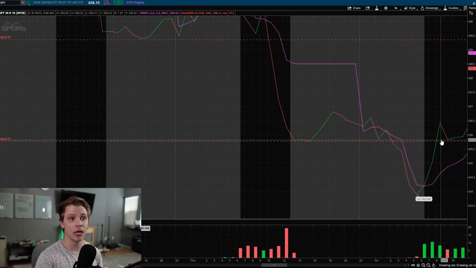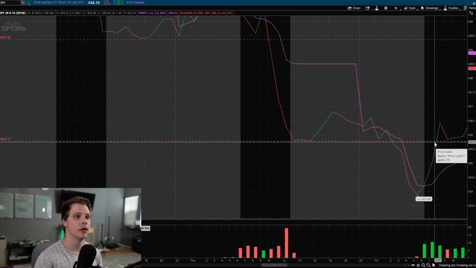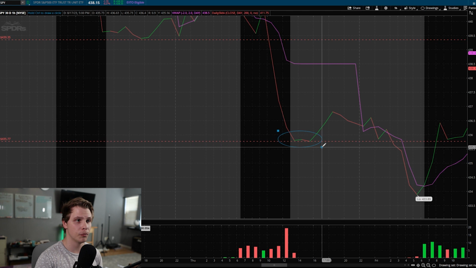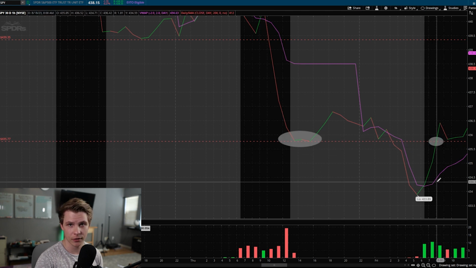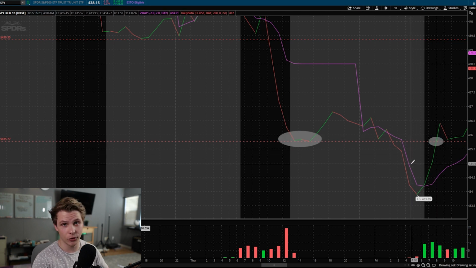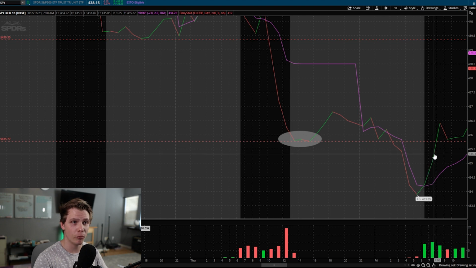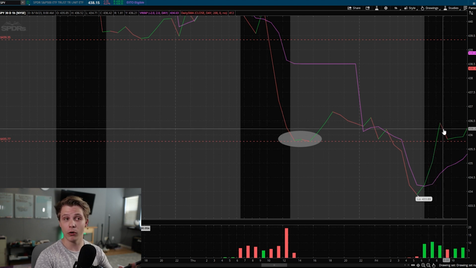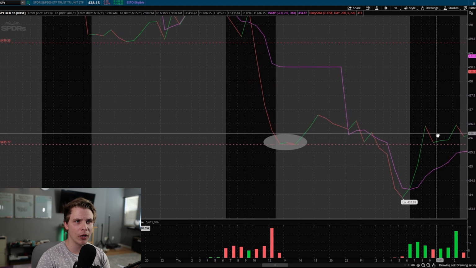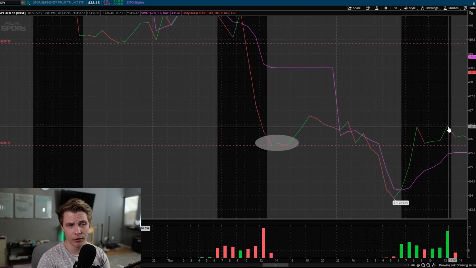But then when it bounced up, it should have held this previous support as new resistance. But as you can see, it didn't do that. It actually broke back up a bit, started holding it as new support, and then went for a little run into the close.